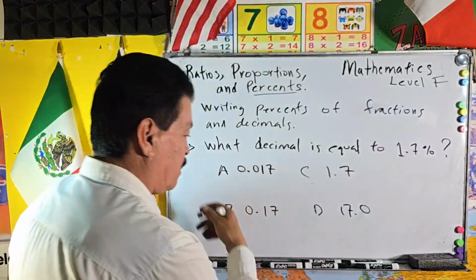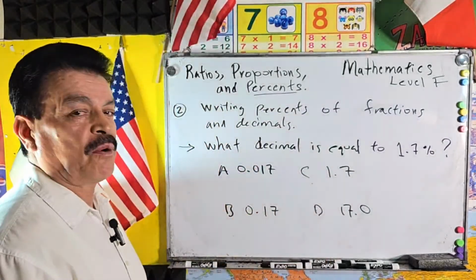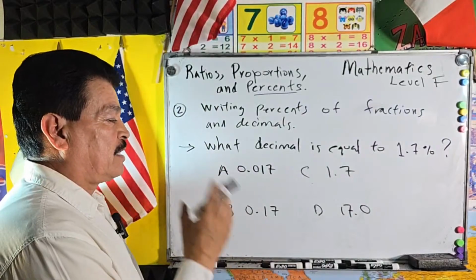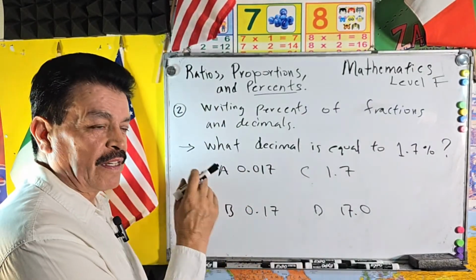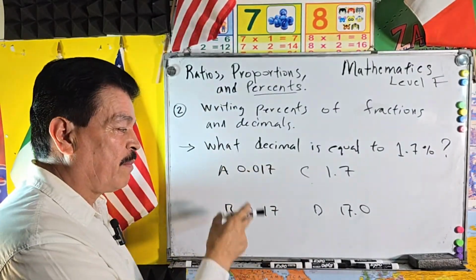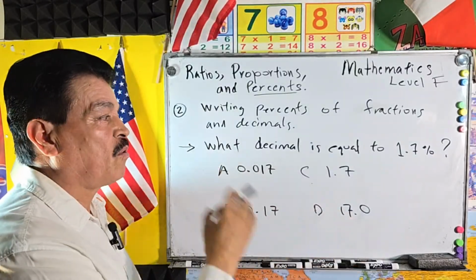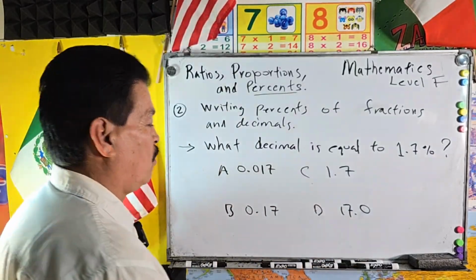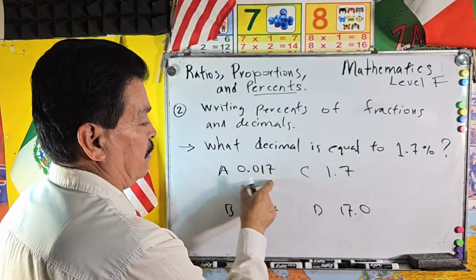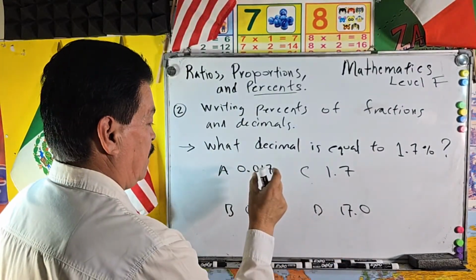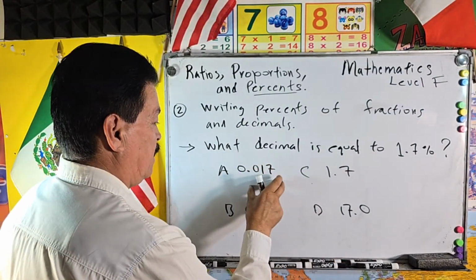Then you see 4 different possible answers. Two of them are very close to the answer, and 2 of them are very far away, I mean, completely wrong. So remember this.